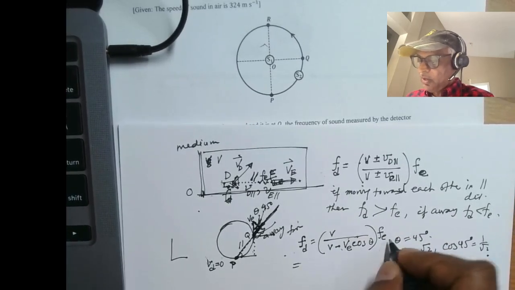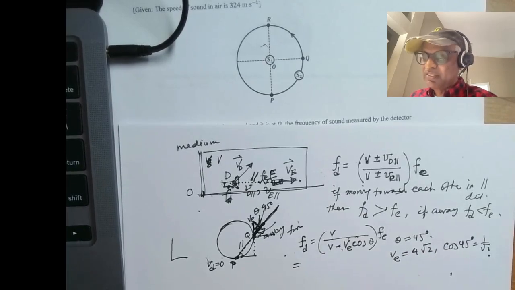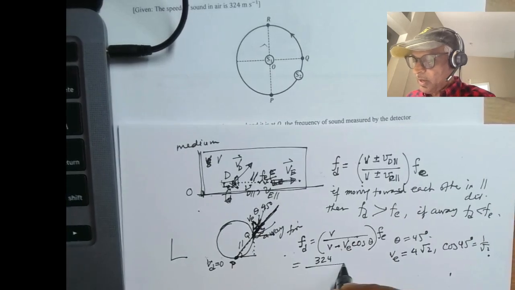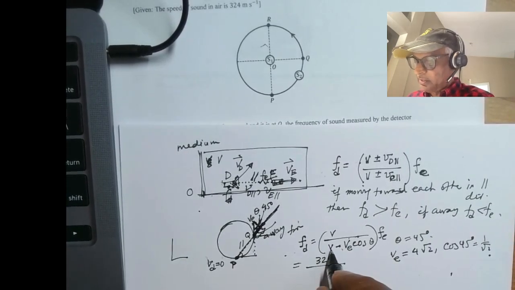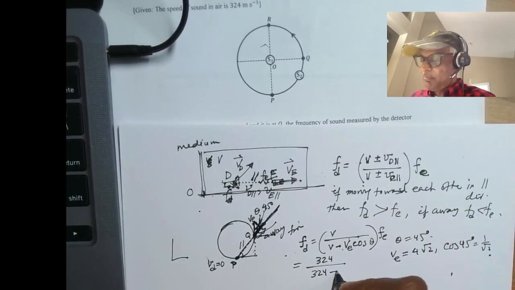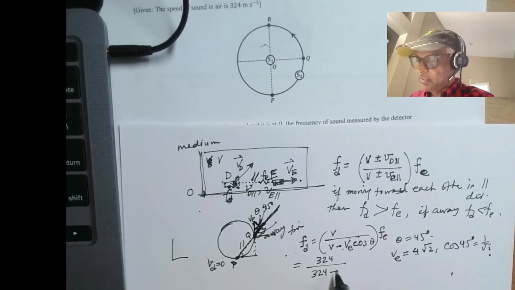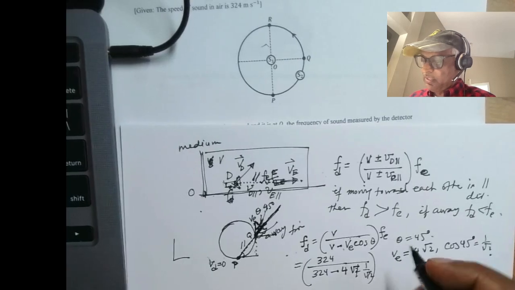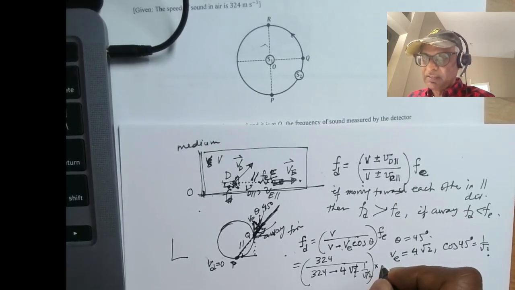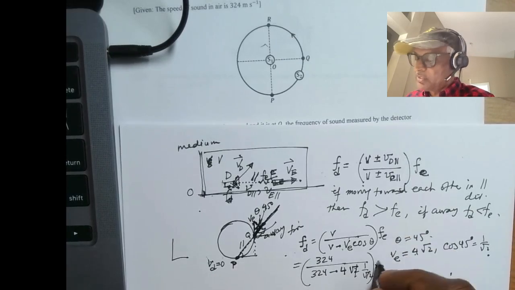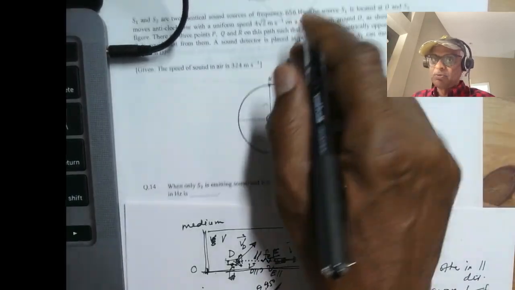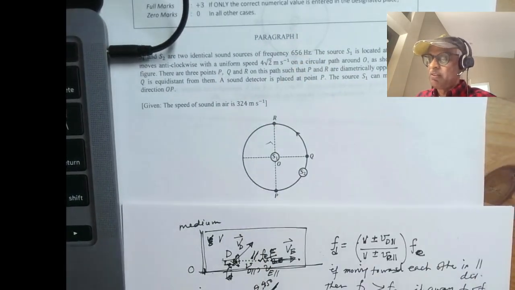So let's write down: v is given in the problem as 324, and this is given as 324 minus this times this, which is just 4 square root of 2 times 1 over square root 2, and this whole thing is multiplying 656 hertz. That's over there, 656 hertz.